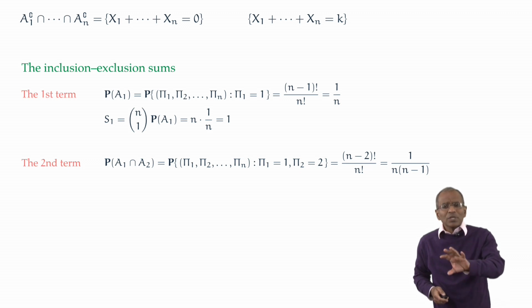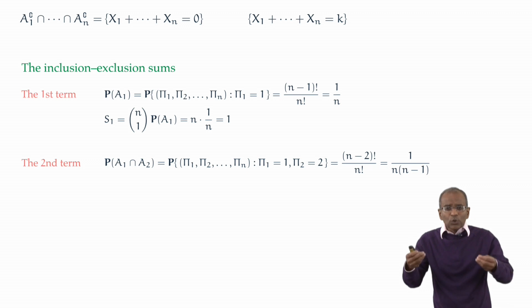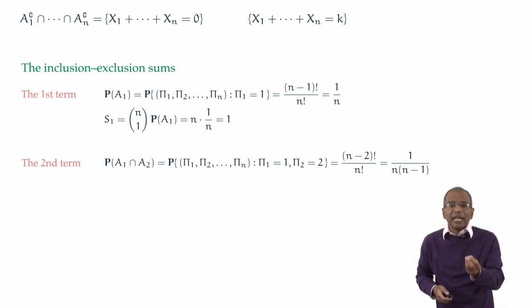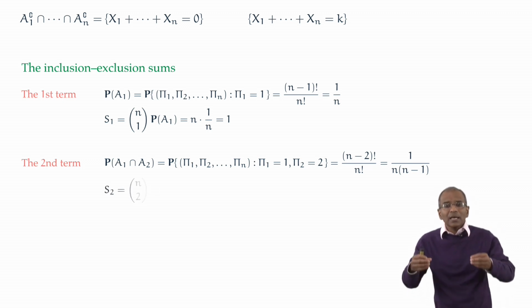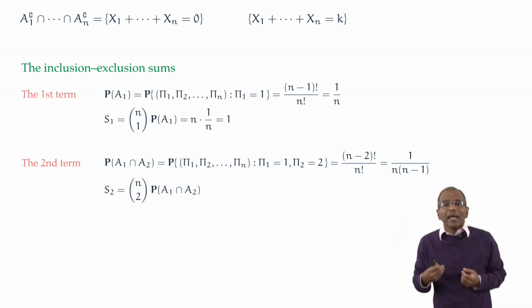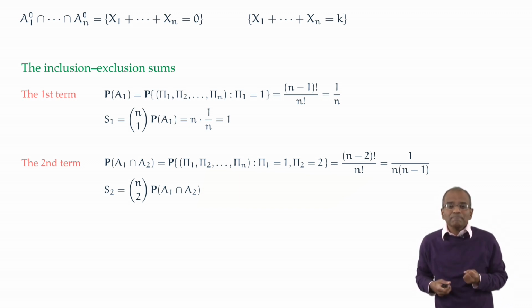Okay, and once you've done this, it now becomes clear what we have to do. The second inclusion-exclusion sum, S2, sums over all pairwise intersections, but every pairwise intersection behaves exactly like A1 intersection A2. Each of them has exactly the same probability of occurrence, and therefore S2 is the number of pairs, n choose 2, times the probability that any particular pair of hats is returned.